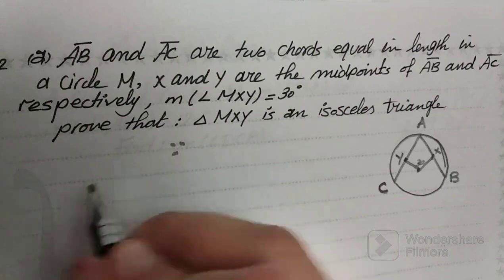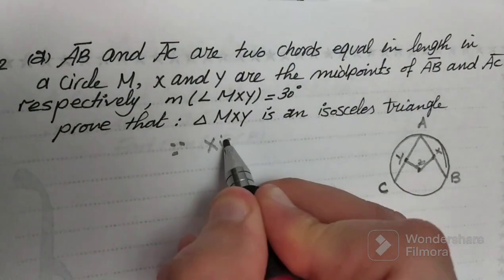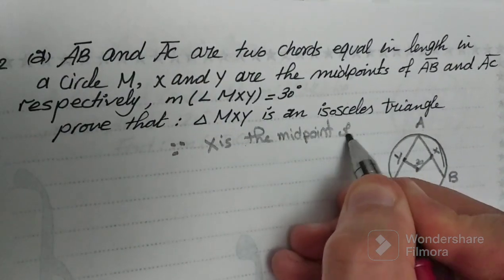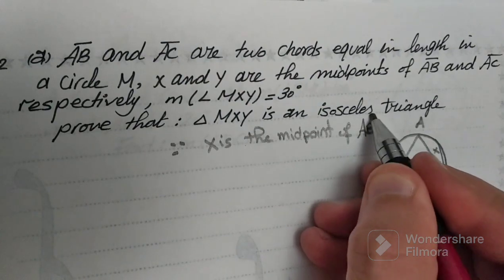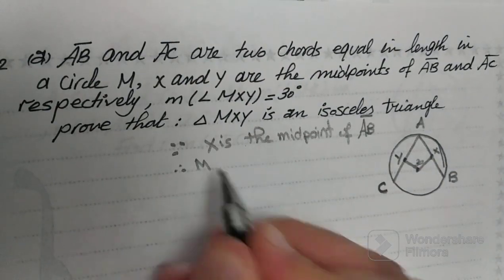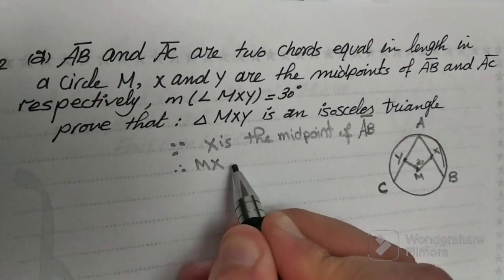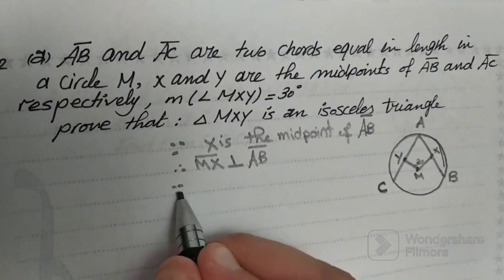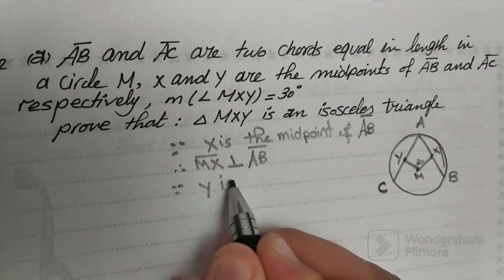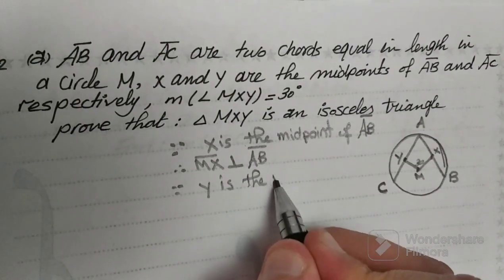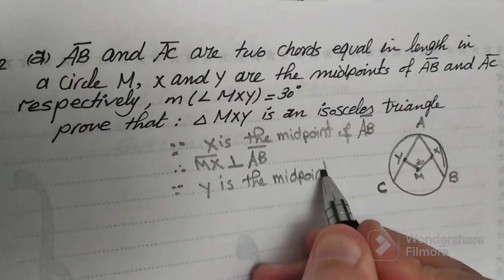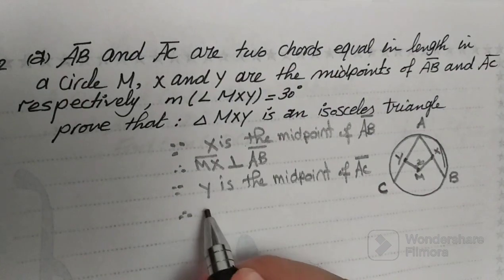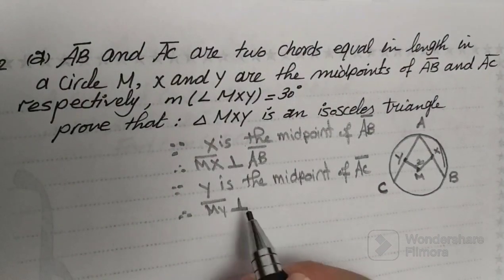Since X is the midpoint of AB, therefore MX is perpendicular on AB. Since Y is the midpoint of AC, therefore MY is perpendicular on AC.